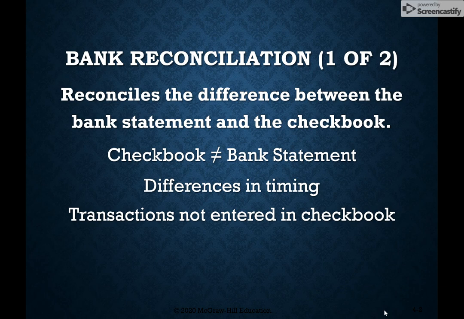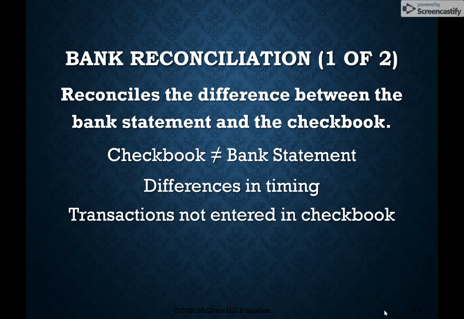So, by differences, what I mean is there are some transactions that probably didn't reach the bank, but you have already considered them in your checkbook. For example, deposit in transit. And there could be some transactions that you have recorded in your checkbook, but of course they haven't been recorded in your bank statement.